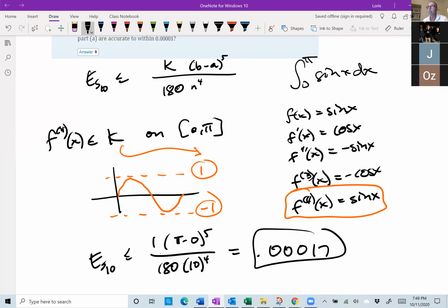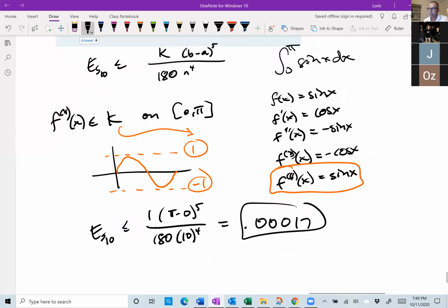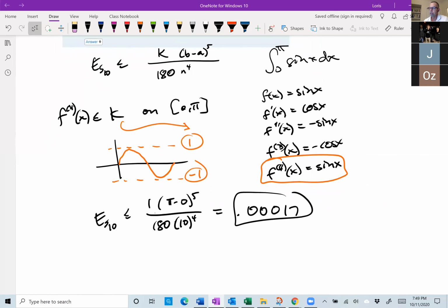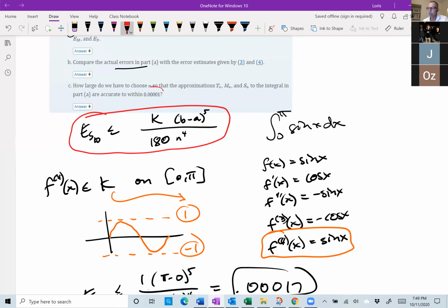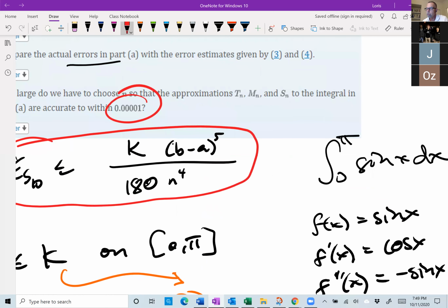Okay, now I'm going to use the same thing to see how many subintervals n I need to get a better approximation. That is 1, 2, 3, 4 zeros after the decimal place.